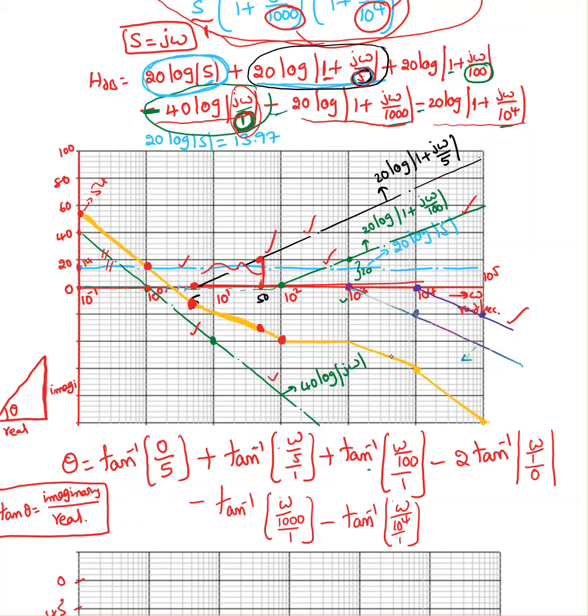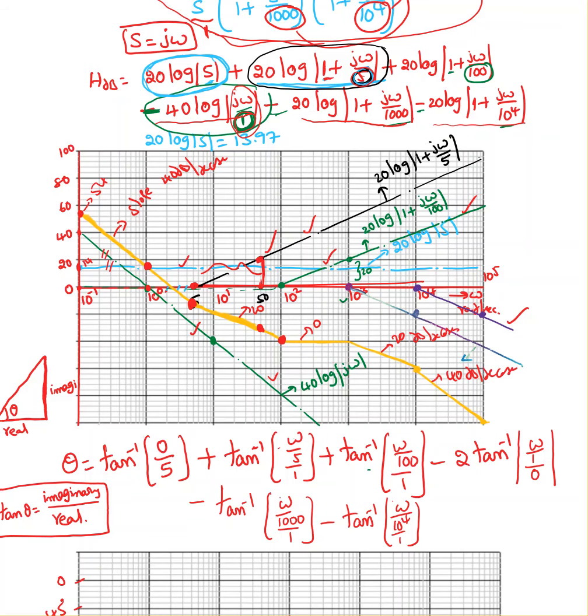So let me write down here, slope is 40 dB per decade. Here it is 20 dB per decade. Here it is 0, here it is 20, here it is 40 dB per decade. That is the slope of the final line.